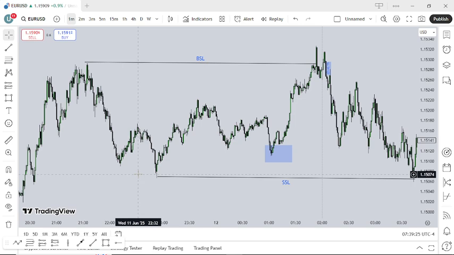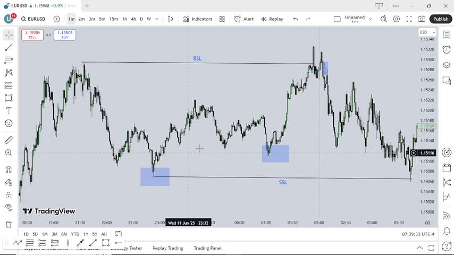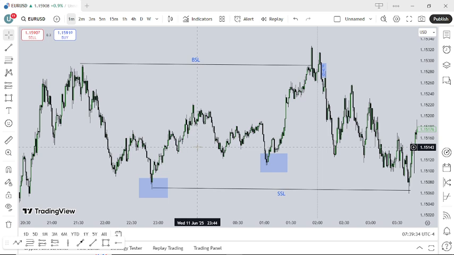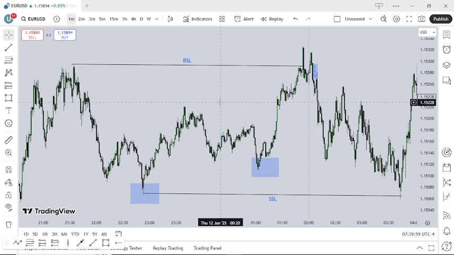Most of the time, once a BSL, a buy side liquidity, is taken out, the algorithm will not stop until it gets back to that sell side liquidity and also takes out that liquidity, before going where it wants to go.